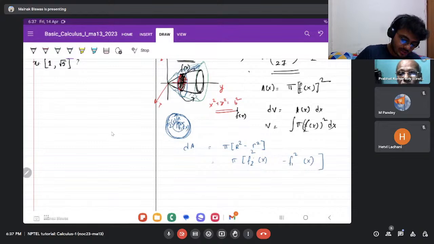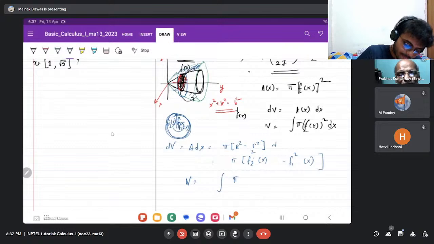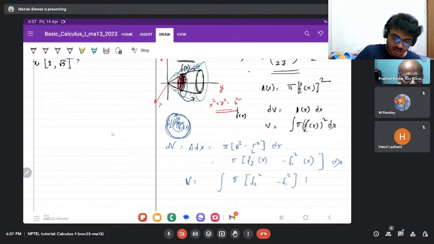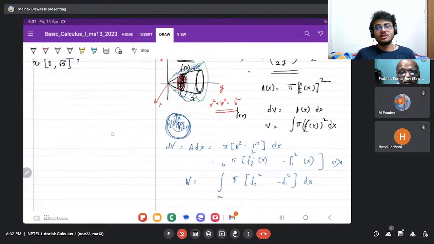So this is your area. So your volume would be the integral of area times dx, so dV is area times dx. Let's write it this way: pi times f2 squared minus f1 squared dx from a to b. Agreed? So this is your volume.